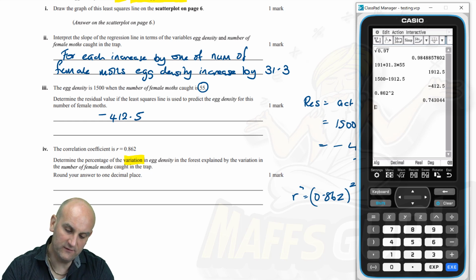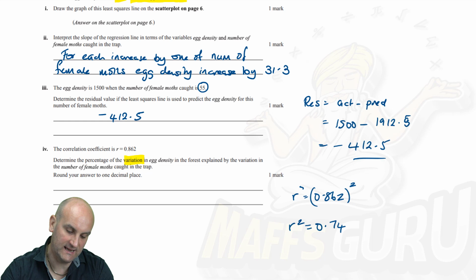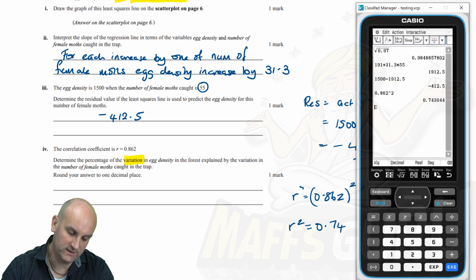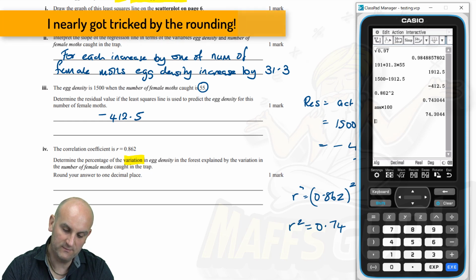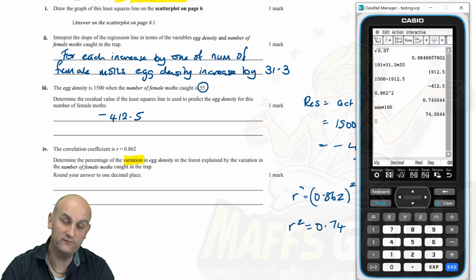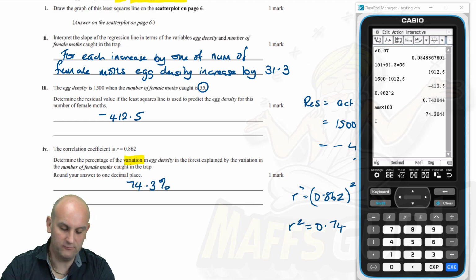Hit enter. Gives me 0.743. So my value of r squared is 0.74, which we now know, got to be careful because the question said round it to 1 decimal place. So I'm going to multiply that by 100 to give me the percentage, which gives me 74.3, 74.3% rounded to 1 decimal place.